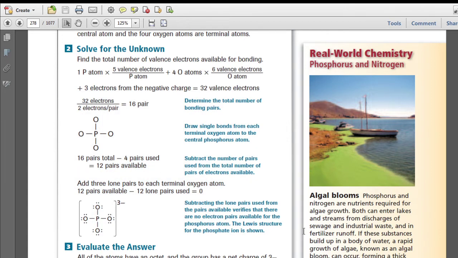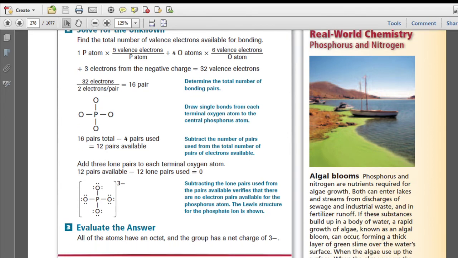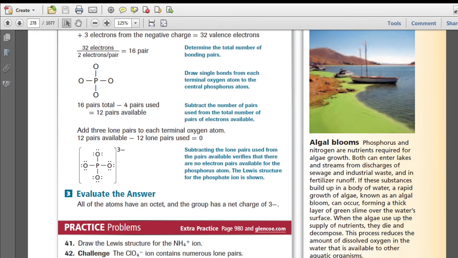So what we want to do is put our lone pairs on the outer atoms first. We have 12 pairs available. If we put 1, 2, 3 pairs on each oxygen, it uses those 12 pairs.